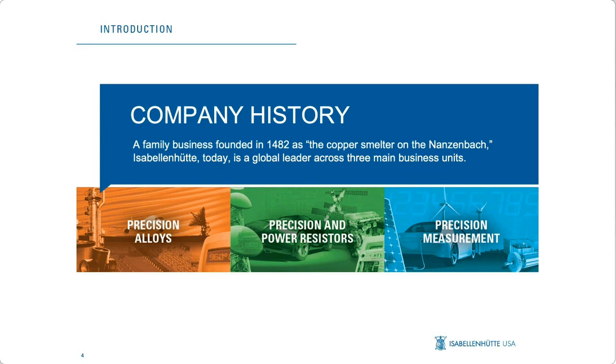We offer surface mount and busbar mount precision resistors. And the third business unit we have is precision measurement systems. So basically, from our precision resistors, we build up what we call smart sensing modules, which are mainly current sensors that use the shunt resistors that we produce.